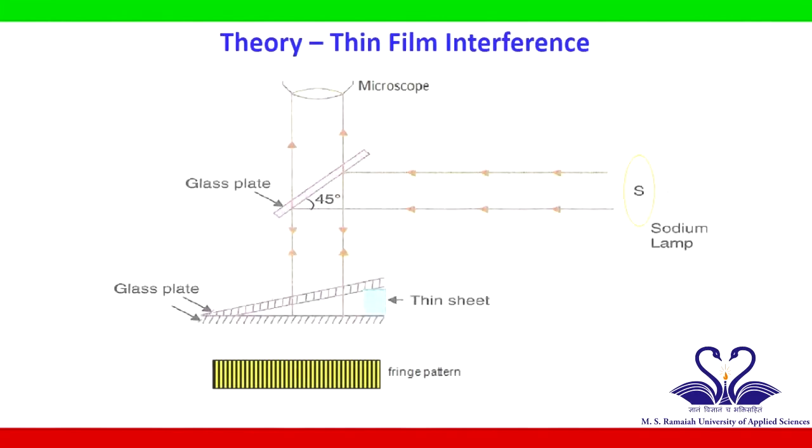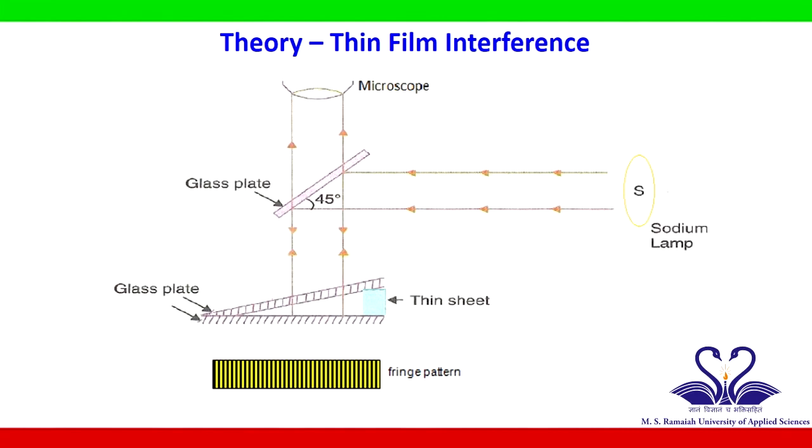An air wedge is a thin wedge-shaped air film formed between two glass plates when one of their common ends is in contact and a thin object is inserted between the glass plates at the other end, as shown in the figure. Interference fringes are produced due to the superposition of light waves reflected from the lower surface of the upper glass plate and the upper surface of the lower glass plate.